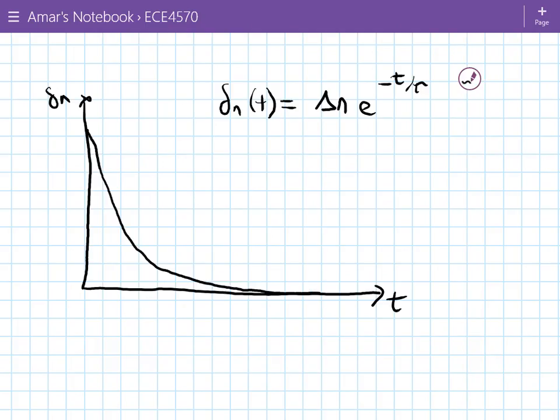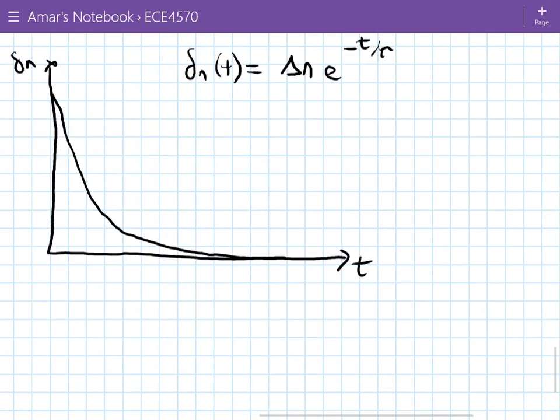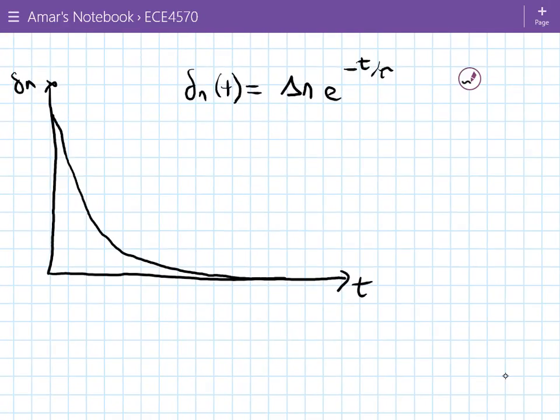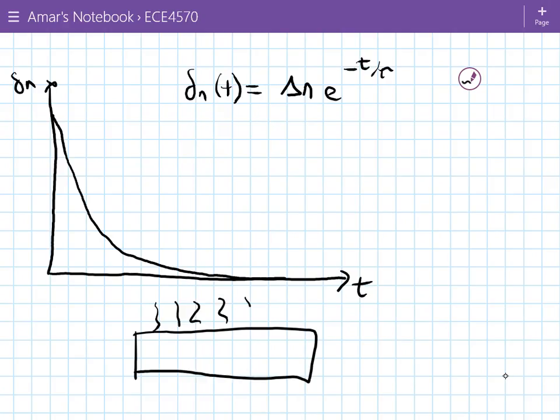Let's relate this back to the problem that we were talking about, because it's important for you to see the equation and what it means. We had a semiconductor material. We shine light on that material, and then we turn the light off. When we shine light on the material, we created electrons and holes. When we turn the light off, those electrons and holes recombine, so the excess carrier concentration goes to 0.